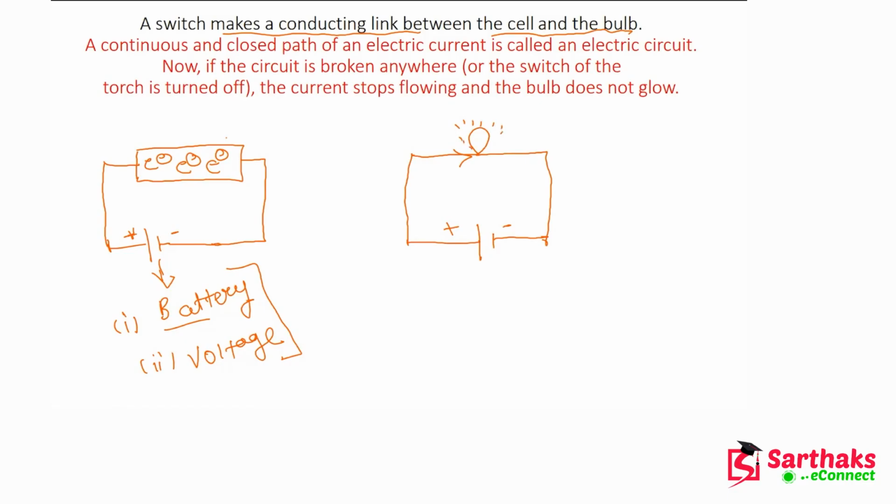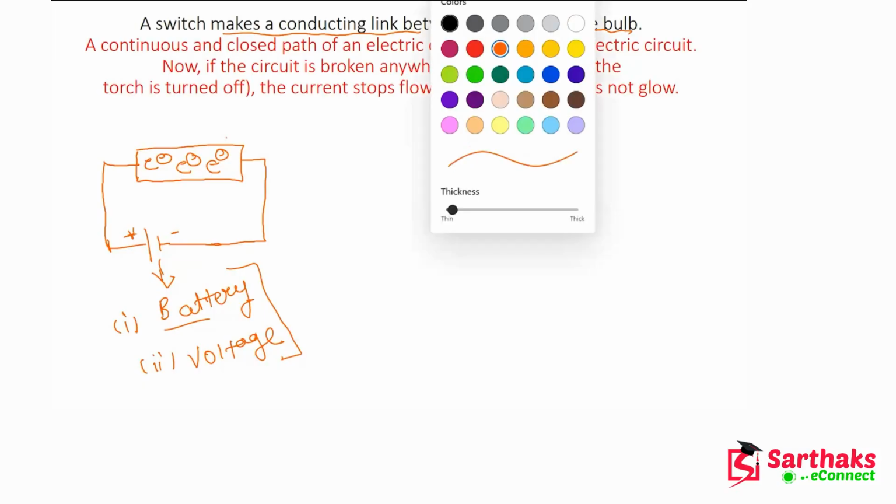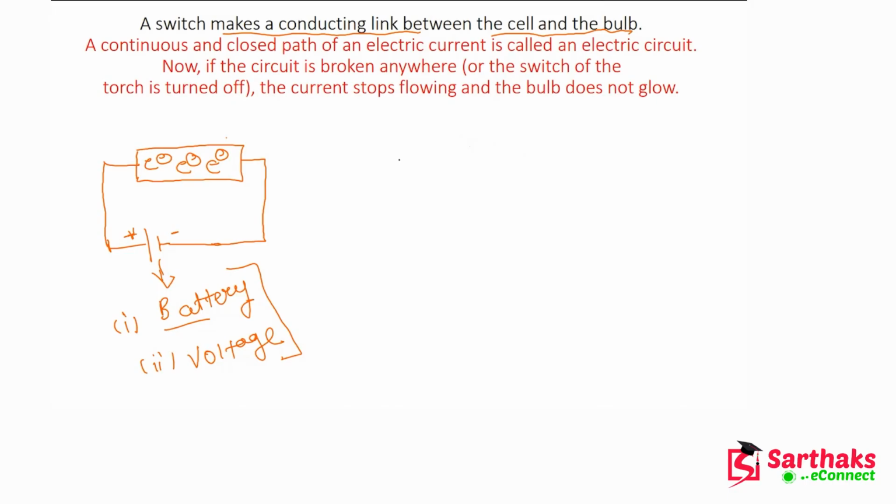But if I disconnect the circuit, let me again draw this diagram for you. This time we will make it with another pen. Let's suppose this is your bulb and this is your circuit, but in this case the circuit is not completed.